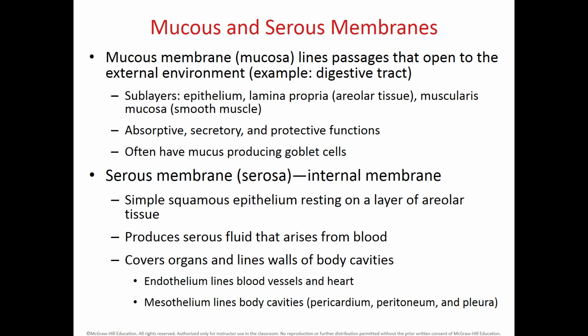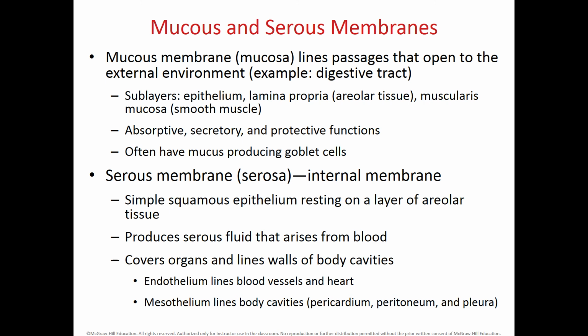Now, in the case of serosas or internal membranes, they're made out of a single layer of flat cells. So they are simple squamous epithelium that rests on a layer of areolar tissue. And this serosa produces a thin fluid that is called serous fluid that arises from blood. The serosas cover organs and line walls of body cavities, like in the case of the peritoneal membrane that covers our abdominal cavity internally.